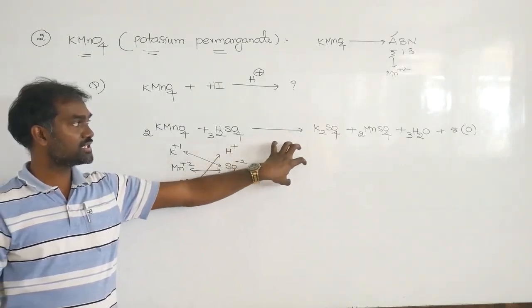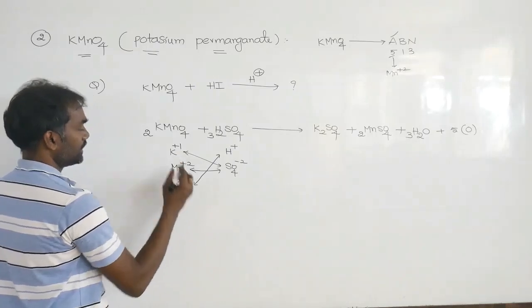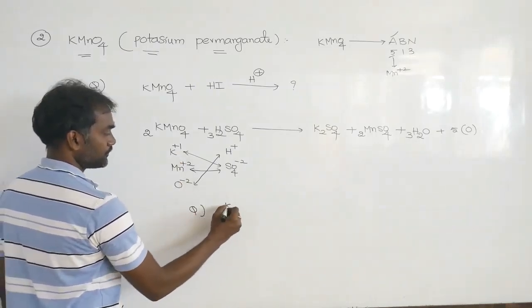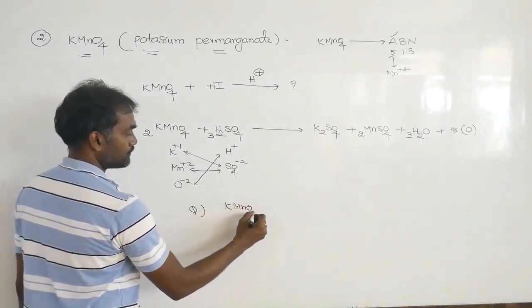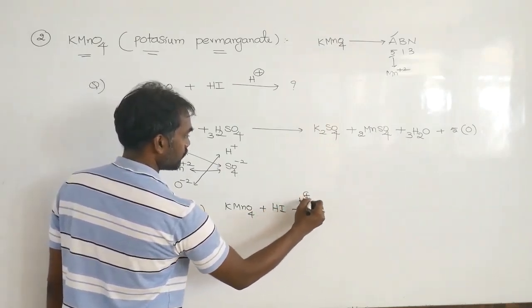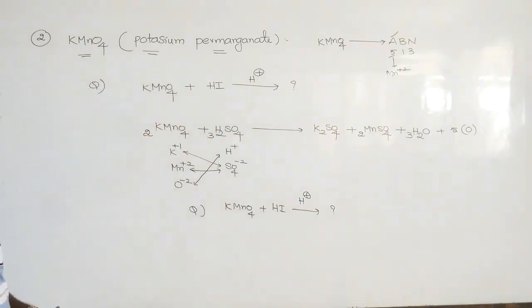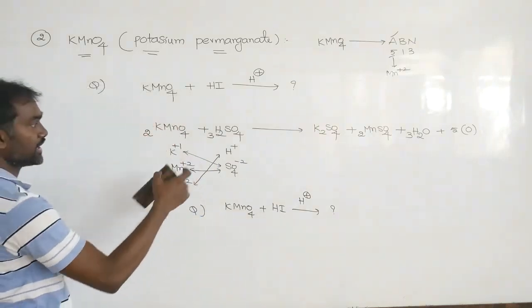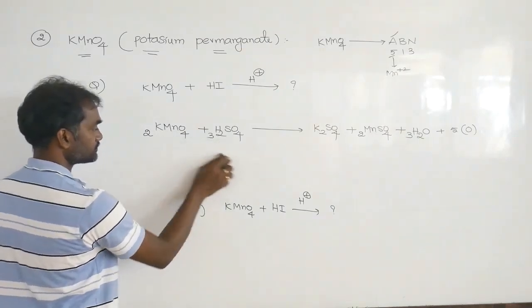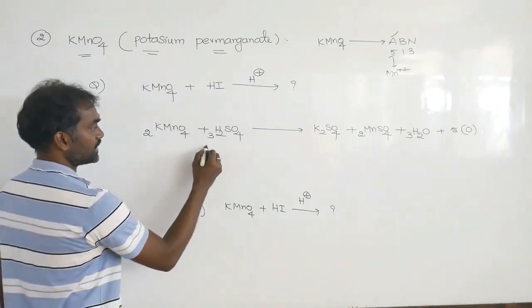Now you take this basic equation and you do something. Here the question is given: KMnO4 reacted with HI in acidic medium, what happens? So first you write down the basic equation. Yes, the basic equation you have written.